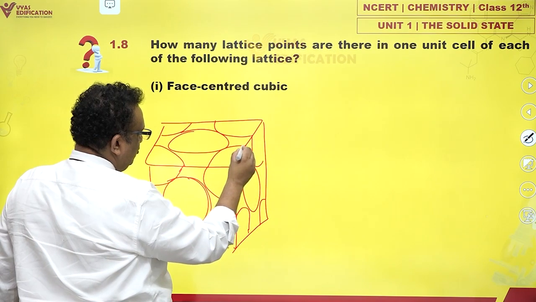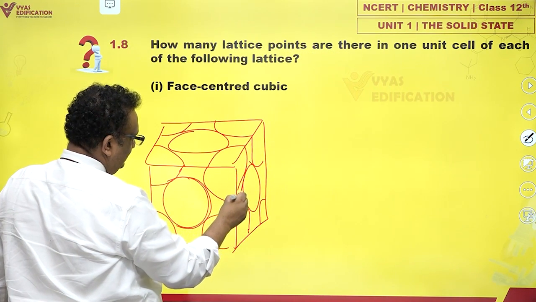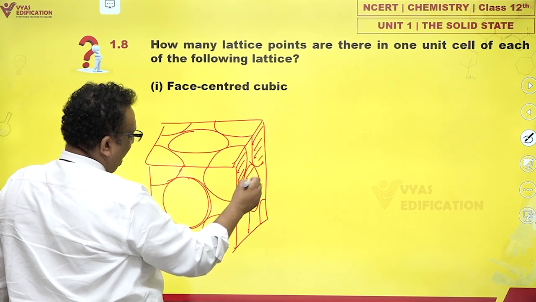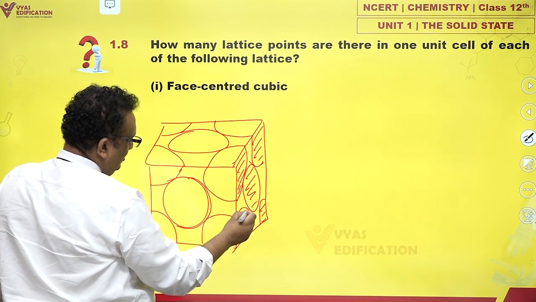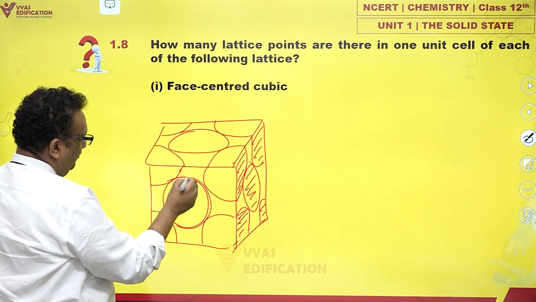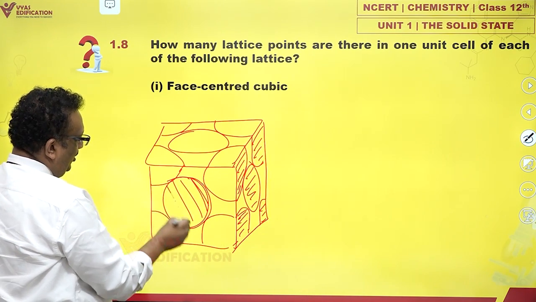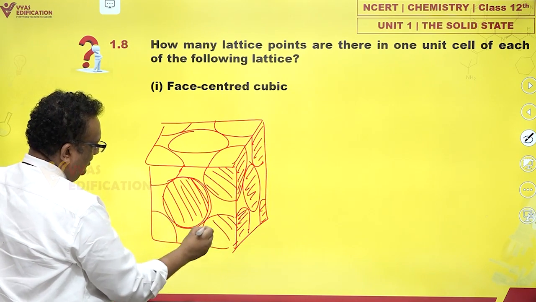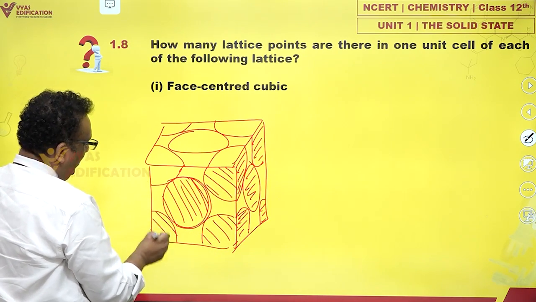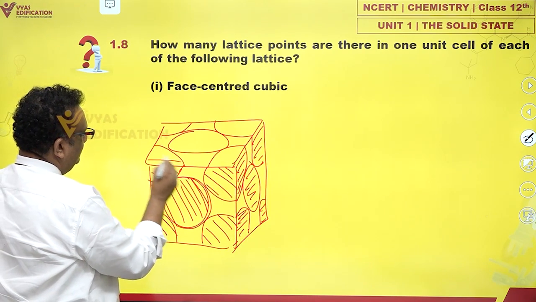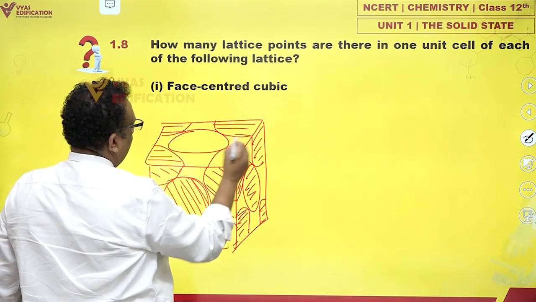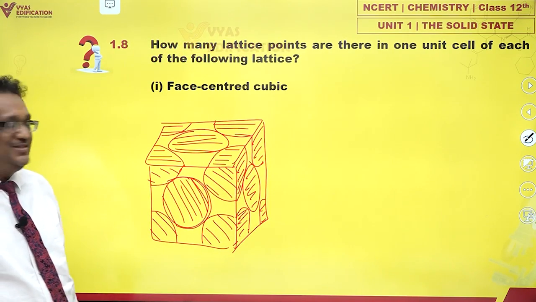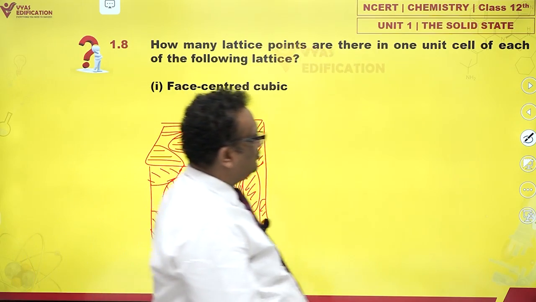I'm just drawing an FCC structure for you. Very beautiful. Look, there are corner particles, and the beautiful part is corner particles are not touching each other, but they are touching what you call the face center. Watch this. Very beautiful FCC structure.